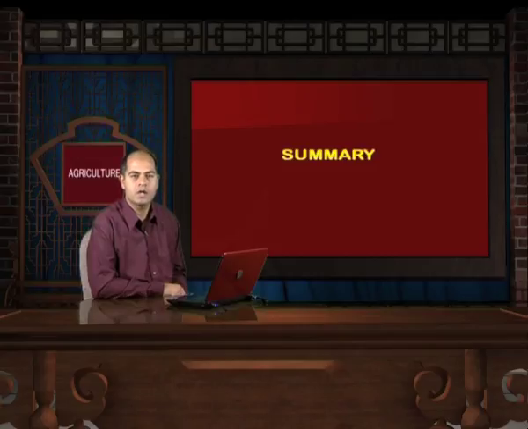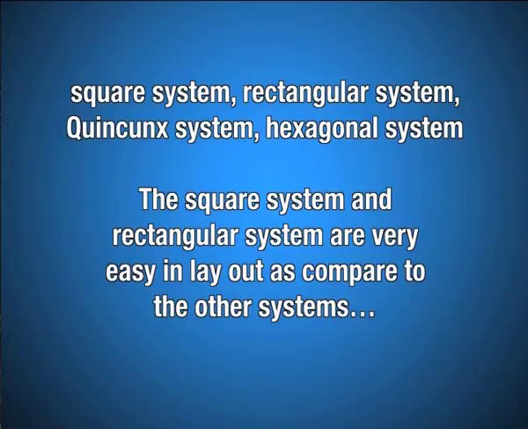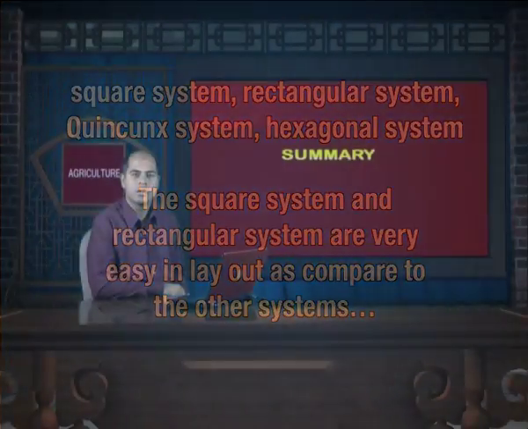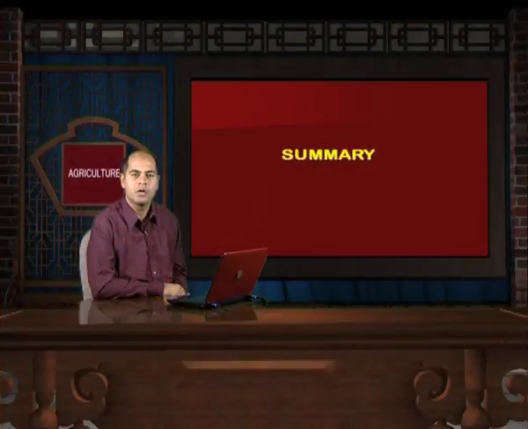The other things are transportation and nearness to market, all of which are responsible for successful orchard management. Further, we also discussed the various systems of planting, which are the square system, rectangular system, quincunx system and hexagonal system. The square and rectangular systems are very easy in layout as compared to other systems like the quincunx system. When a fifth plant is placed in the square, it is called the quincunx system, and the fifth plant is called a filler tree.